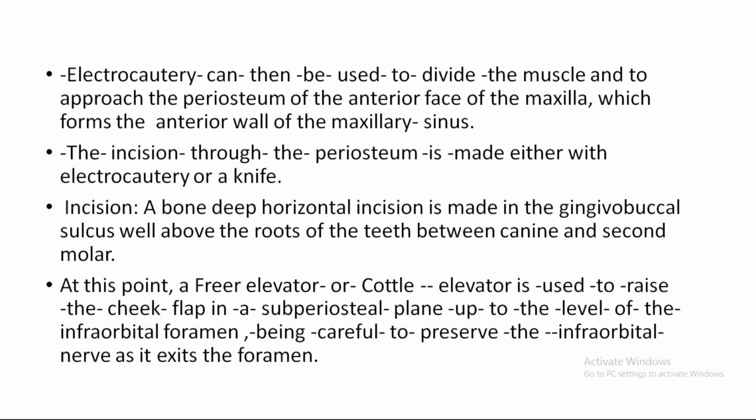So the incision starts from the lateral incisor, but the bone incision you can give between the canine and second molar. At this point, you take the Freer's elevator or cottle elevator and raise the cheek flap in a subperiosteal plane up to the level of infraorbital foramen.